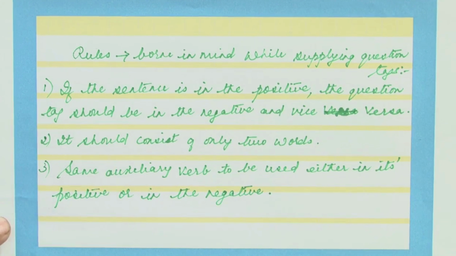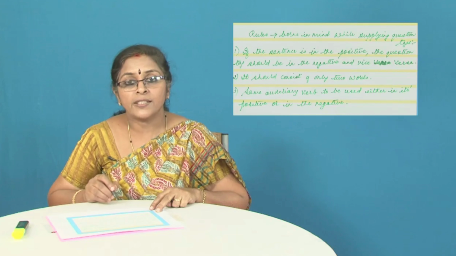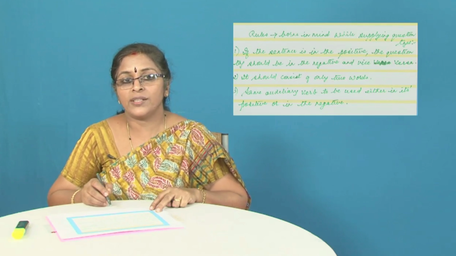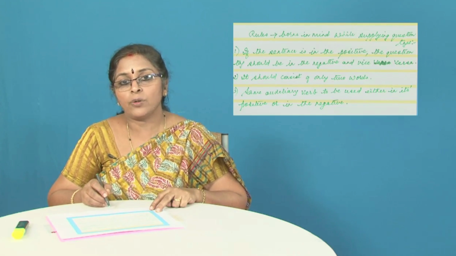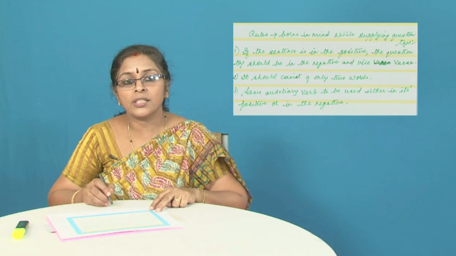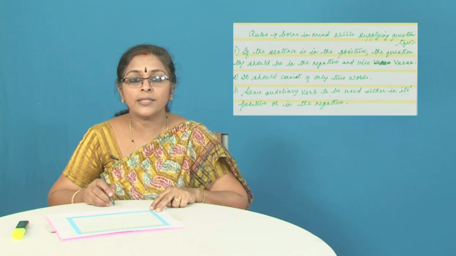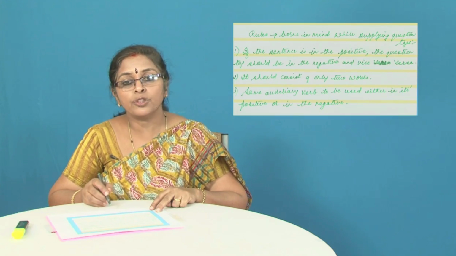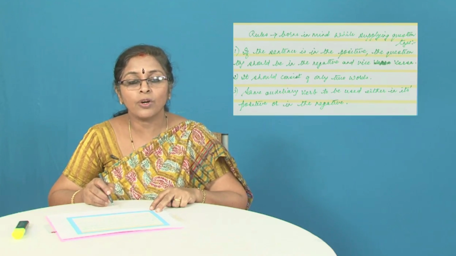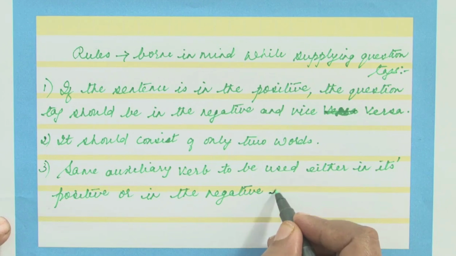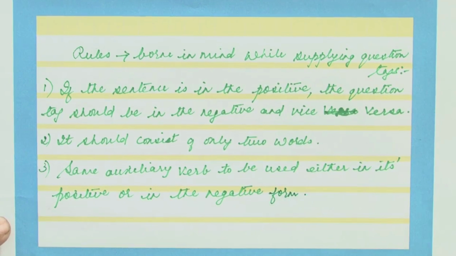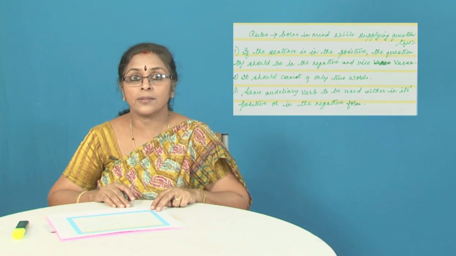So the three rules that we have discussed so far: if the sentence is in the positive, the question tag should be in the negative and vice versa. The question tag should consist of only two words, and the third rule is the same auxiliary verb to be used either in its positive or in the negative form. Now we'll move on to the next sentence.